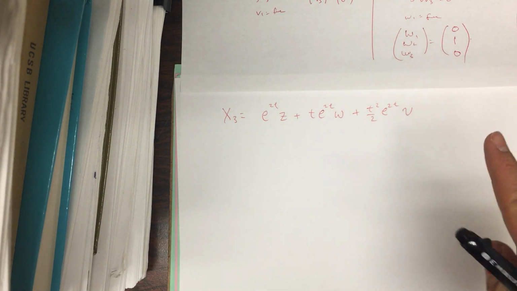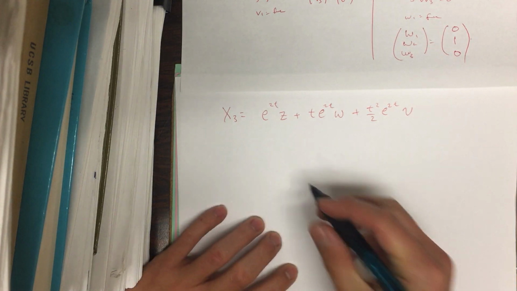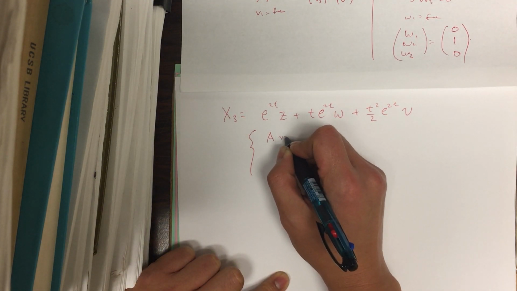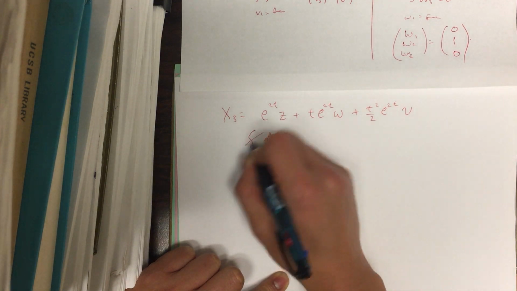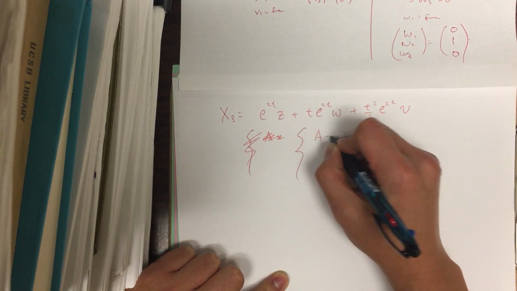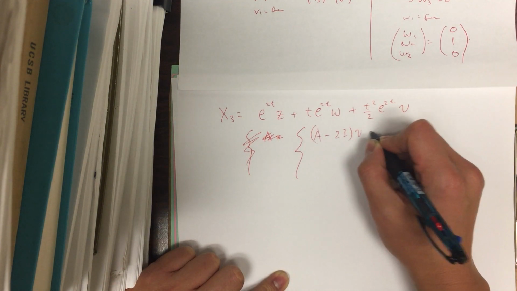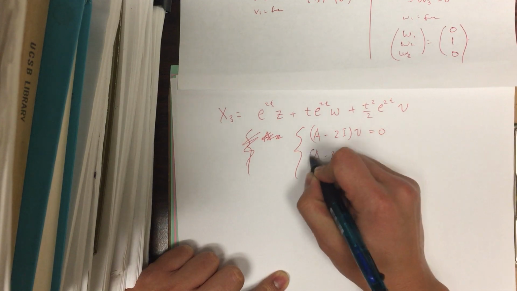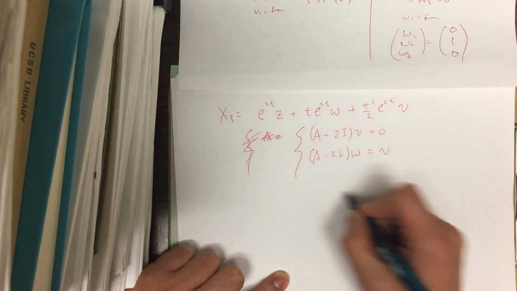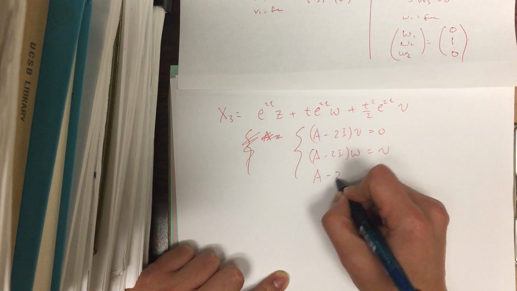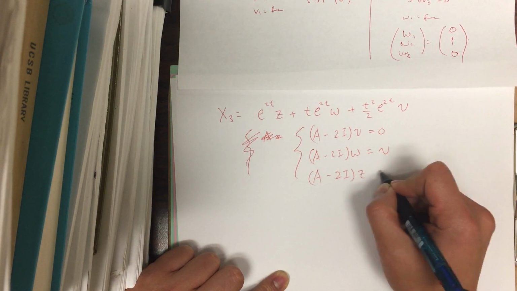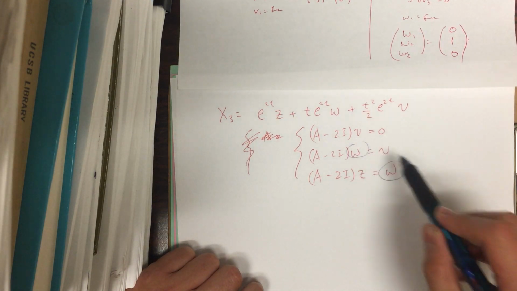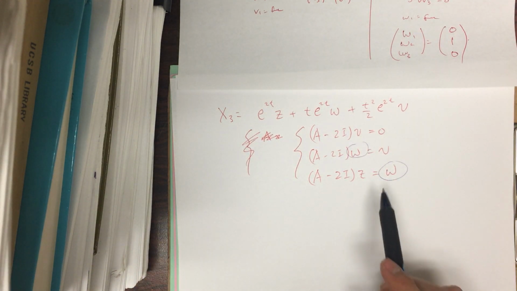In any case, if you set it up like this, then the corresponding matrix equation will end up being A minus 2I v is equal to 0, and then A minus 2I w is equal to v, and then A minus 2I of z is equal to w. So now you just take the vector that you computed last time and put it there, and then you compute your z.